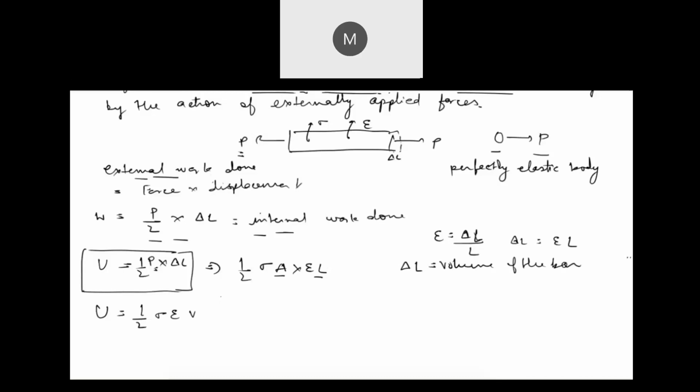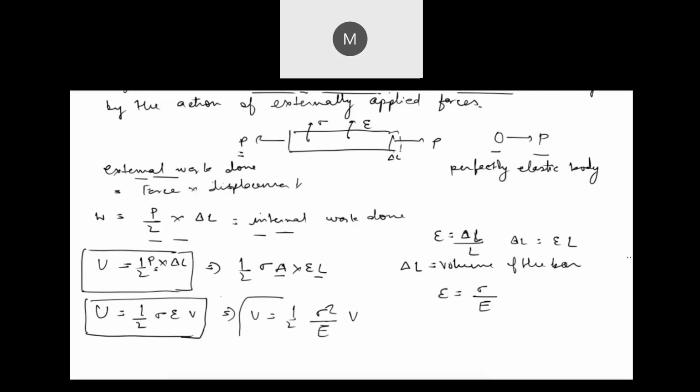This is another form here, and we can further write it in another form, that is, this strain we can write as stress divided by modulus of elasticity. From that it becomes half sigma square upon E times volume.